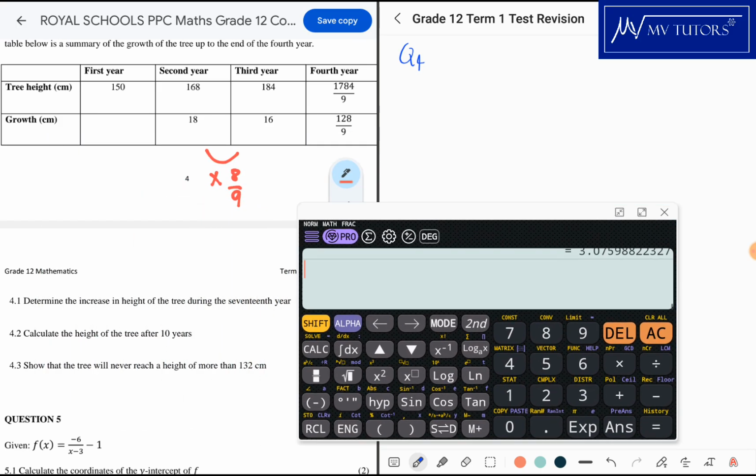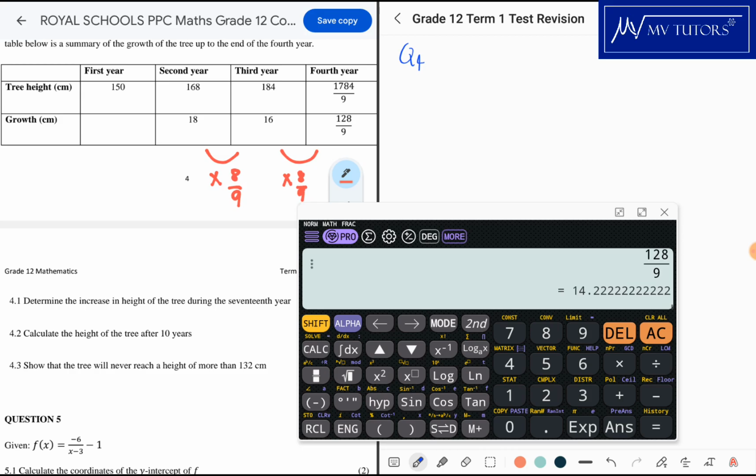So we have 18 multiplied by 8 over 9, and there we have 16. All right. And from 16 to 128 over 9, I presume we also have to multiply by 8 over 9. So you can see here, since we're still at patterns, that this is a geometric pattern.